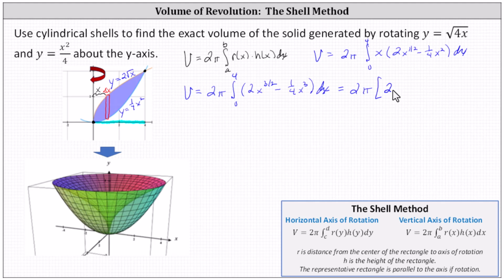Integrating, we have 2 times x to the power of 5/2 divided by 5/2, or 2/5 times x to the 5/2, and then minus 1/4 times x to the 4th divided by 4, or times 1/4 x to the 4th. Let's simplify the antiderivative. We have 4/5 x to the 5/2 minus 1/16 x to the 4th.